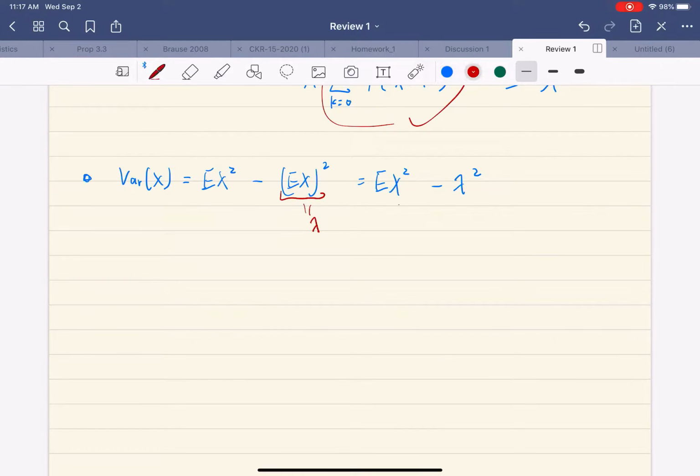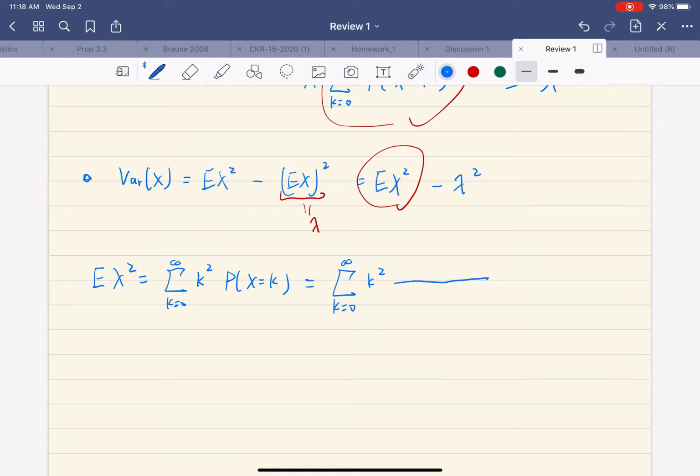Now we have to calculate this. The expectation of X squared, from the definition, is the sum over k equal to 0 to infinity of k to the power 2 times the probability X equal to k. We plug in the Poisson distribution, lambda to the power k e to the negative lambda over k factorial.